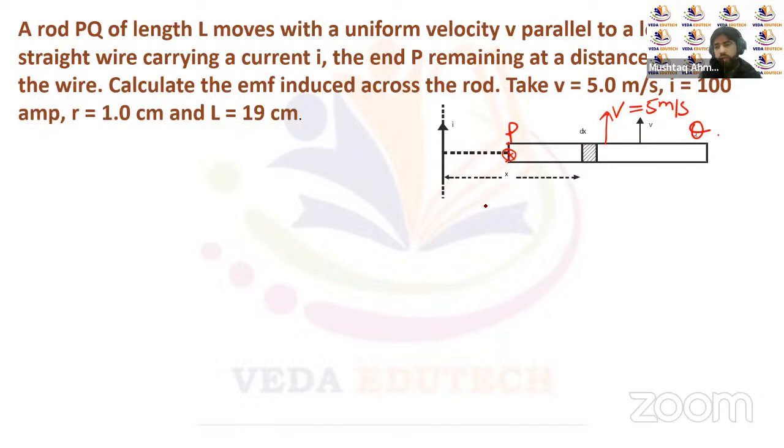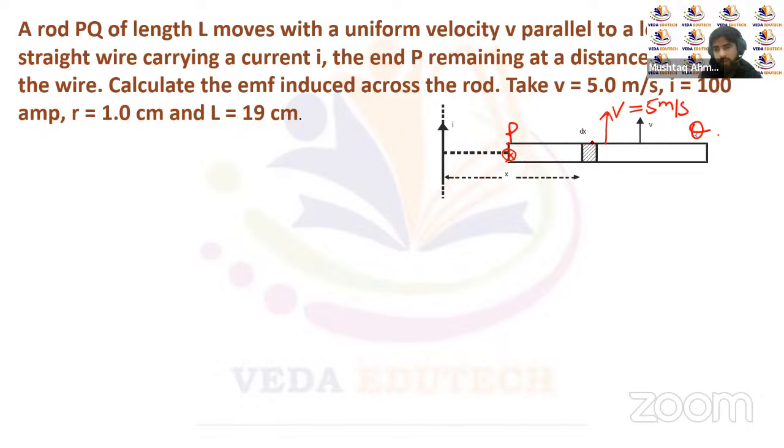If this is along the downward direction, then the velocity vector is perpendicular to this magnetic field vector. It means that the magnitude of the EMF will be maximum here, or we can say that V cross B will be equal to V into B.